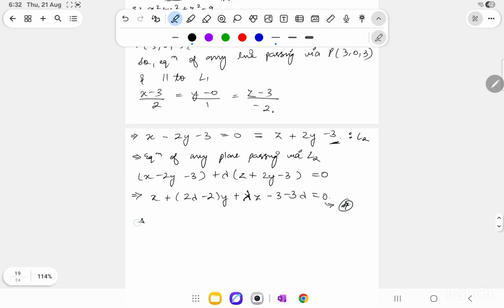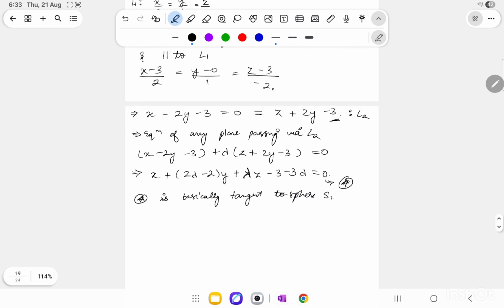So star is tangent to sphere S1. If this is tangent to sphere S1, then the radius of sphere S1 must equal the perpendicular distance from the center of the sphere to this plane.